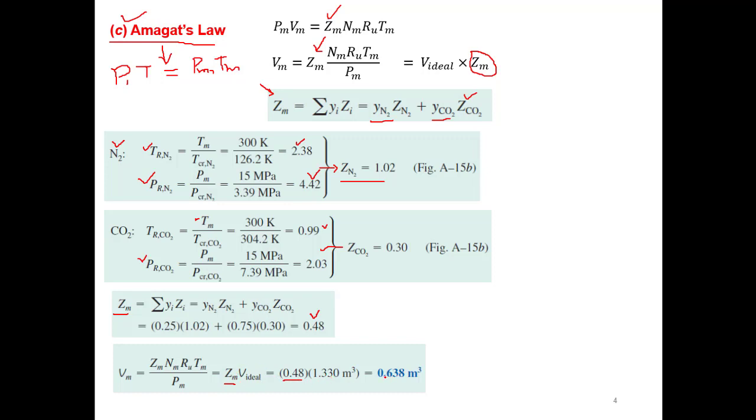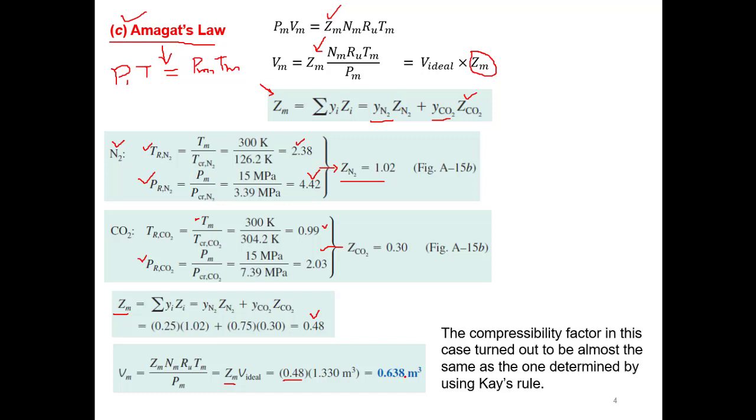we now have 0.638 cubic meters by using Amagat's law. If we compare Amagat's law with Kay's rule, only the procedure for calculating Zm is different, and the value comes out to be 0.48, whereas the value of Zm based on Kay's rule was 0.49. So about 1% different.